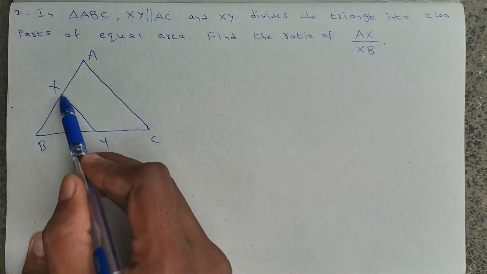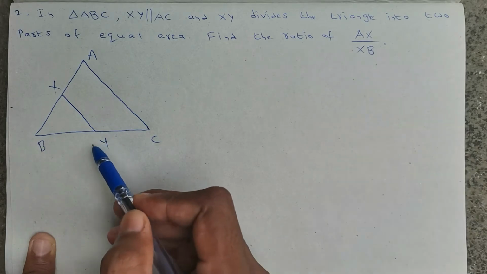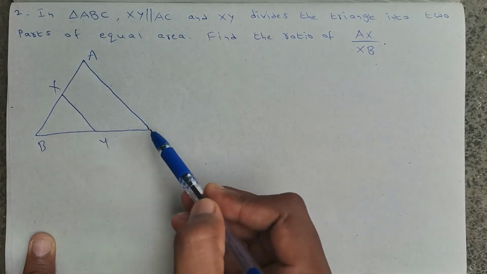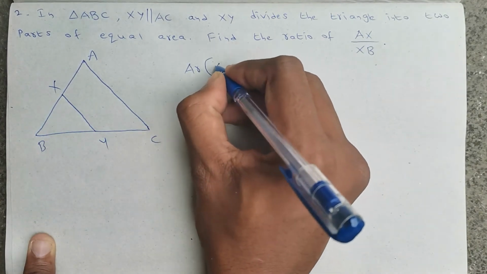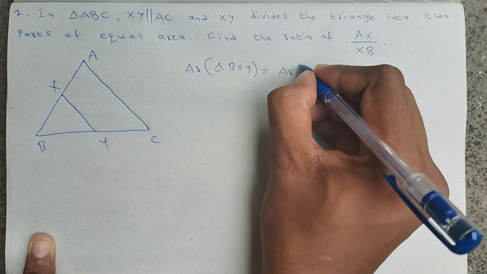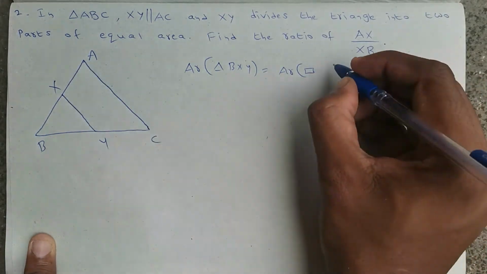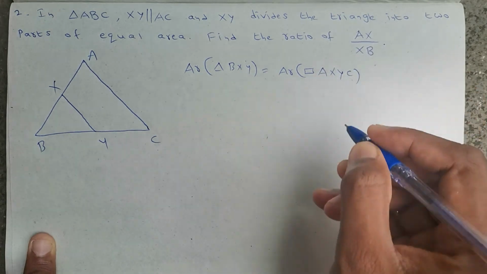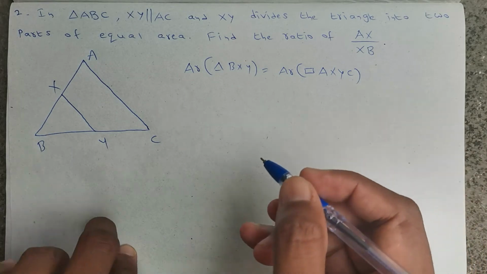It means the area of triangle BXY is exactly equal to the area of the quadrilateral AXYC. Then find the ratio of AX divided by XB.